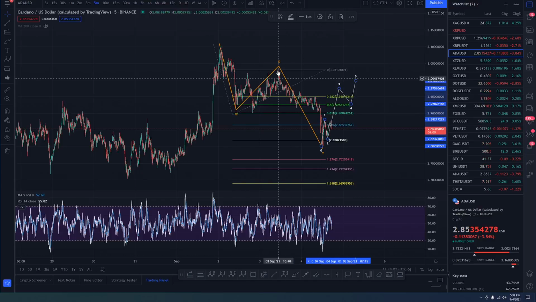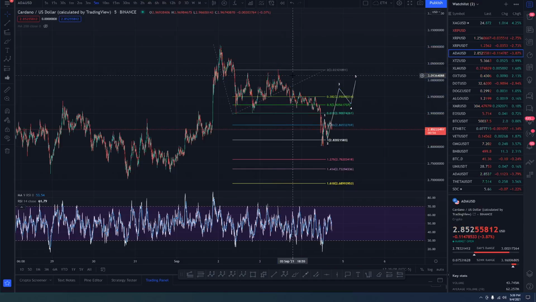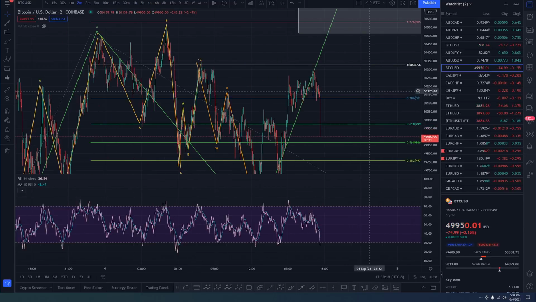Could this, so that's the way it looks right there, 3 waves. Is it possible, however, hold on 1 second, guys, getting a move here on BTC coming back to my position, so let me take a peek at it here.